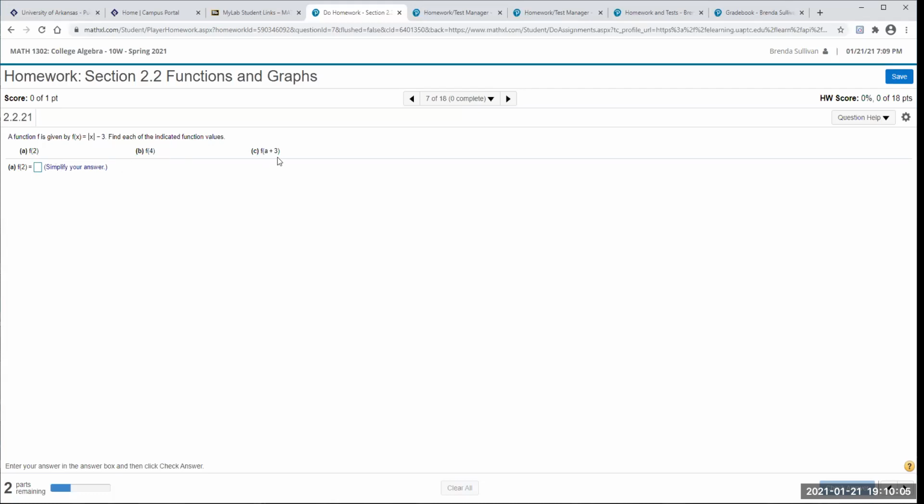This is like your t-chart, and you're putting in 2 for x, 4 for x, and a plus 3 for x in your problem. So I'm going to write this problem down and go out of here and see if I can manage to get back in here at some point. F of x equals the absolute value of x minus 3. They want us to do f of 2, f of 4, and f of a plus 3.